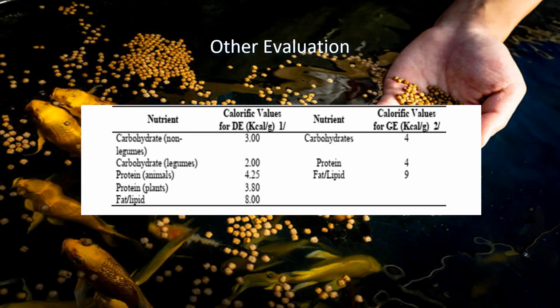So the table shows the factors used for calculating the digestible energy and gross energy of feed or feedstock using the following calorific values. In calculating the available energy value of the feed or feedstuff, the only components considered are protein, lipid or fat, and nitrogen-free extract.